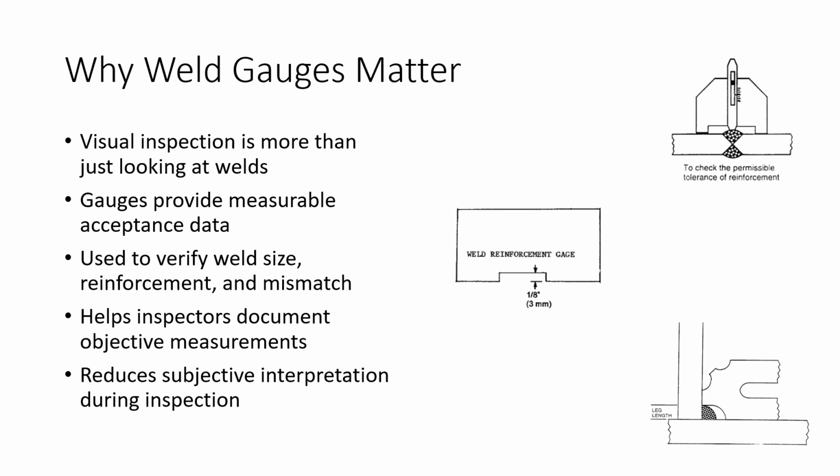Hey, I looked at it with this reinforcement gauge. Hey, this works. And this reduces our subjective interpretation during our inspection phase. If I come along and look at it, me and Joe are using the same measurement tools, the same gauges to judge something. So it gives us something objective and not subjective to work off of.